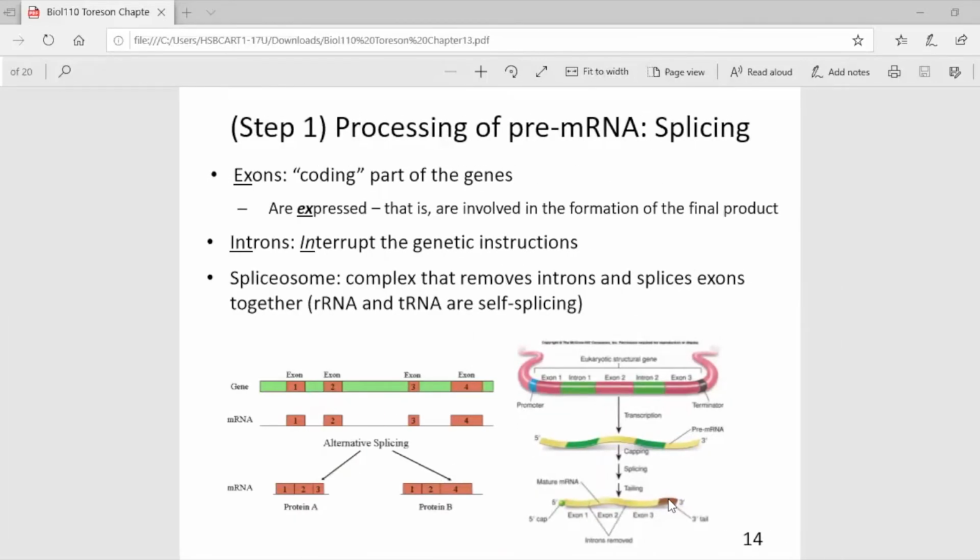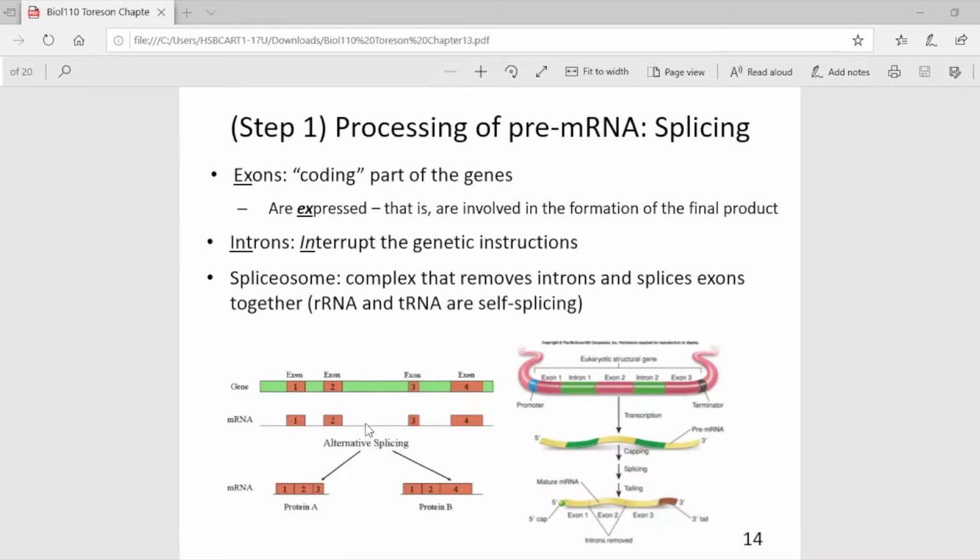The final post-transcriptional modification is splicing. During splicing, introns are removed and exons are spliced together. Introns interrupt the genetic instructions, while exons are what we want to keep. Exons are expressed. They are the coding portions of the gene.